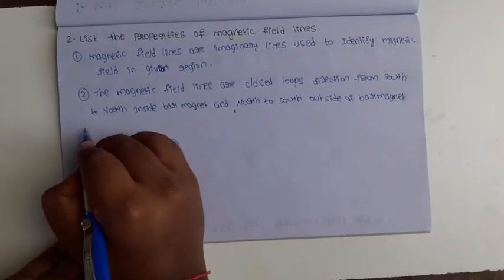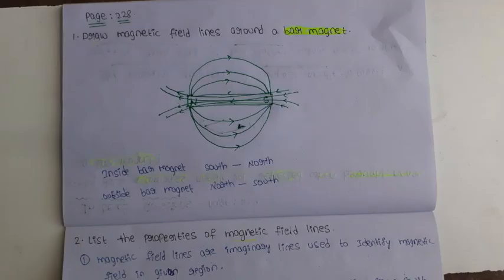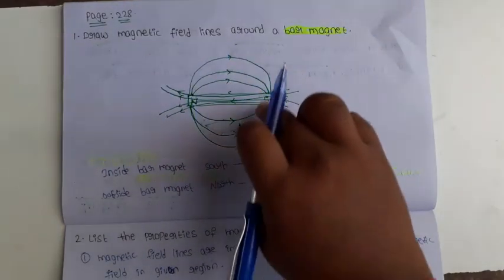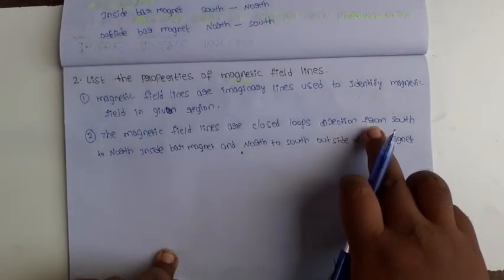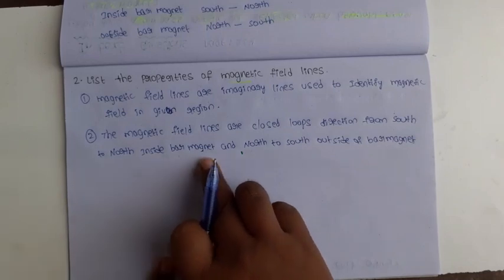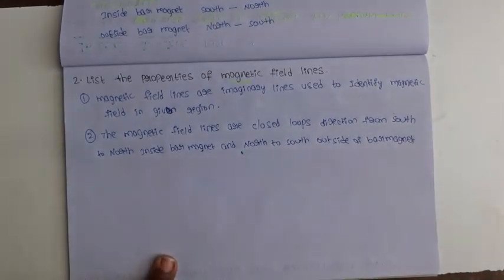Okay, so magnetic field lines are closed loops. These are called closed loops. Okay, what is the direction? From south to north inside a bar magnet and north to south outside the bar magnet.